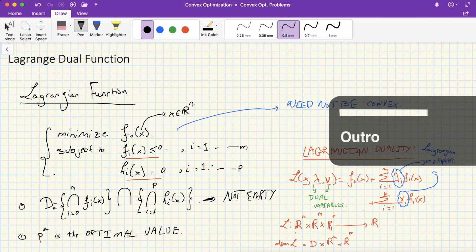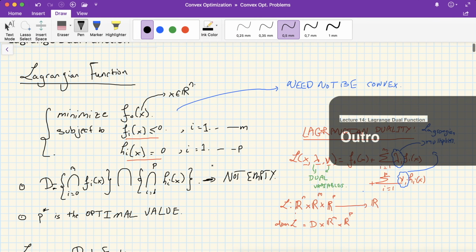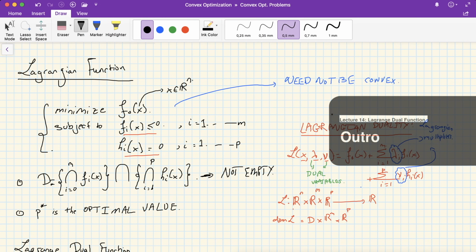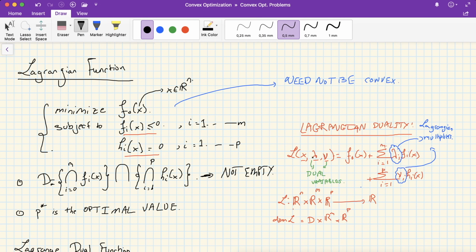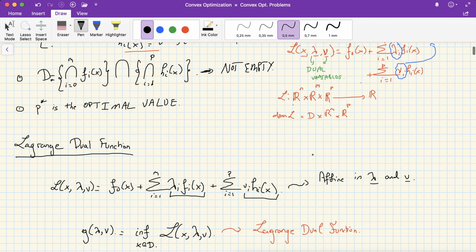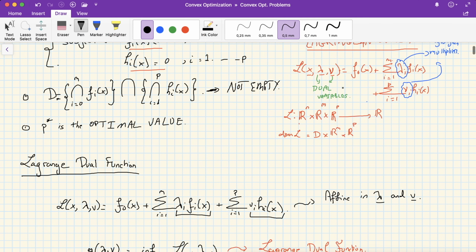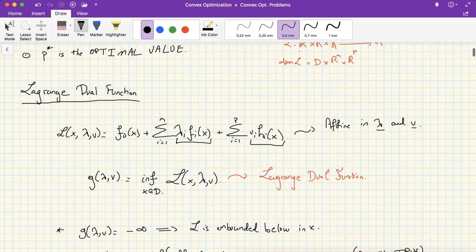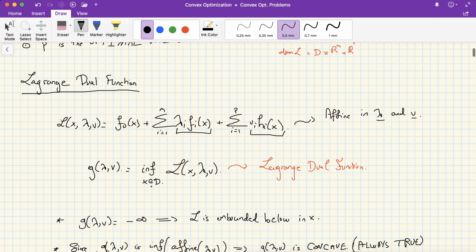In this lecture, we've introduced the Lagrangian function of a general optimization problem. Next, for each Lagrangian function, we defined a Lagrangian dual function. That is the infimum of the Lagrangian function with respect to x.